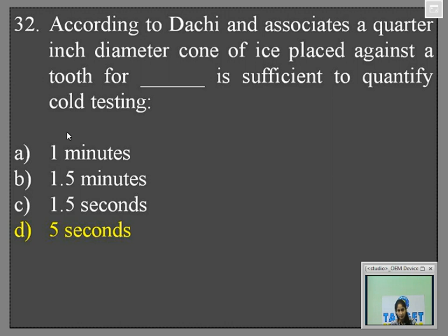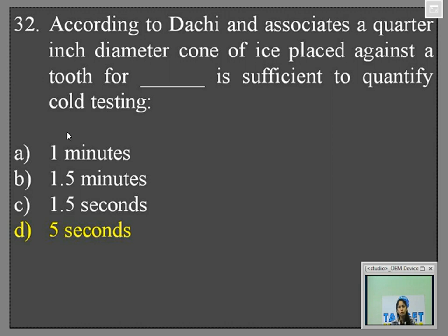So now what does heat testing do? If a tooth responds to heat, it is indicative that there is some form of tissue injury. That means it requires an endo treatment. So if a tooth responds to heat, it is not a test which will check the vitality. Heat testing is not to be used to check the vitality.